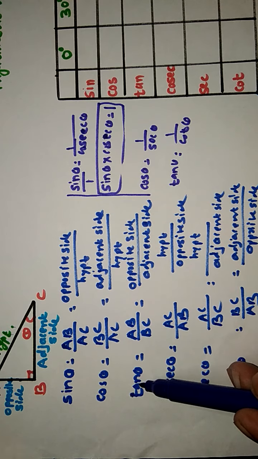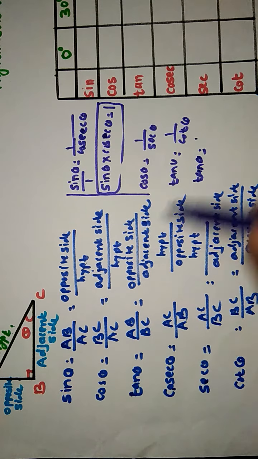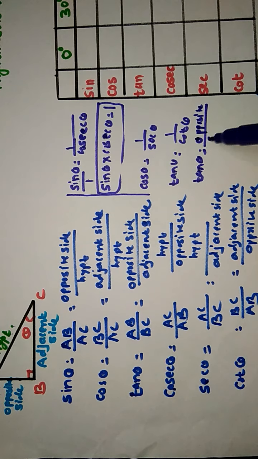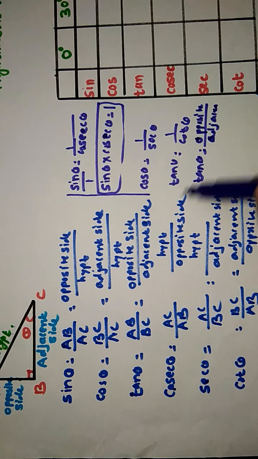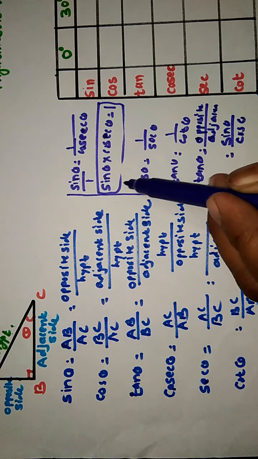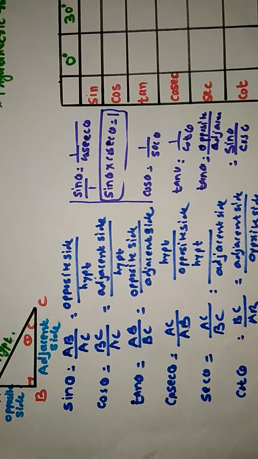Remember that tan theta is the ratio of the opposite side to the adjacent side, which we write as sine theta upon cos theta. This ratio gives tan theta, or cos theta upon sine theta gives cot theta. These are some basic trigonometric identities.